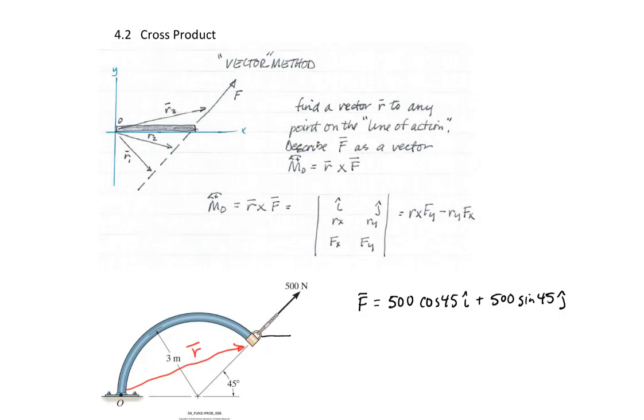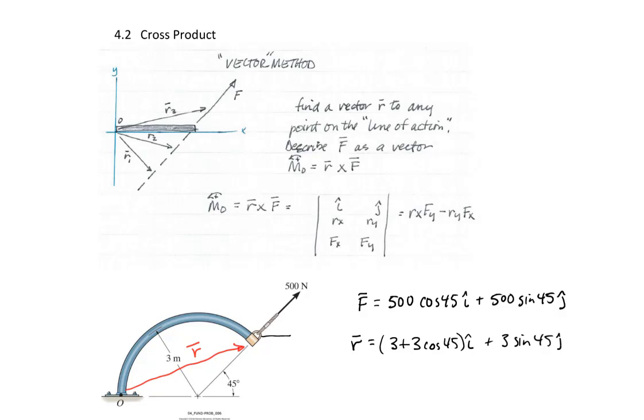It's not the unit vector. It has this much in the x direction and that much in the y direction, and I think we've pretty much calculated that already. So I'm going to put r is equal to 3 plus 3 cos 45 i plus 3 sine 45 j.